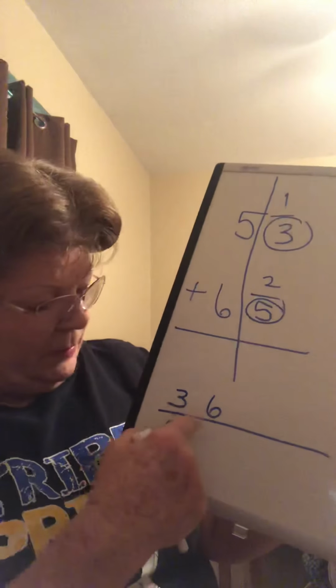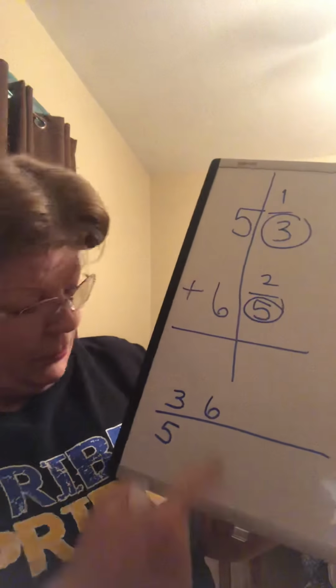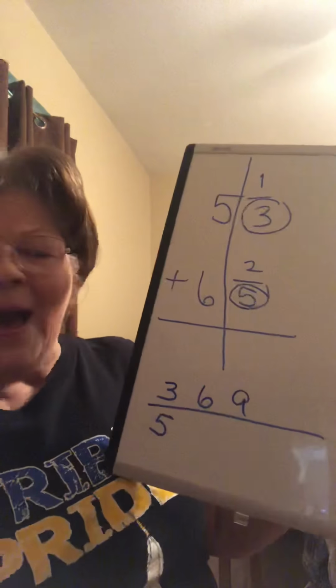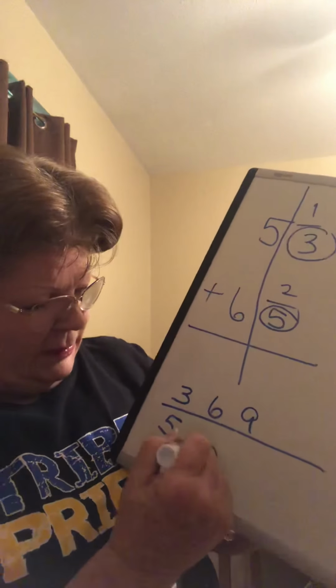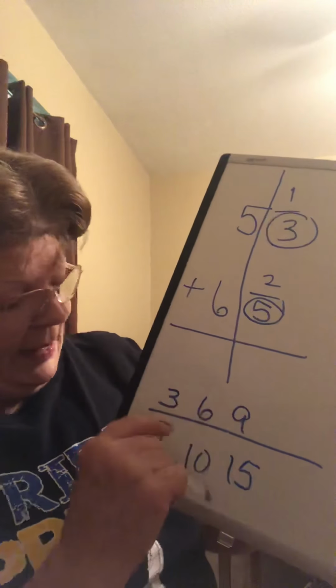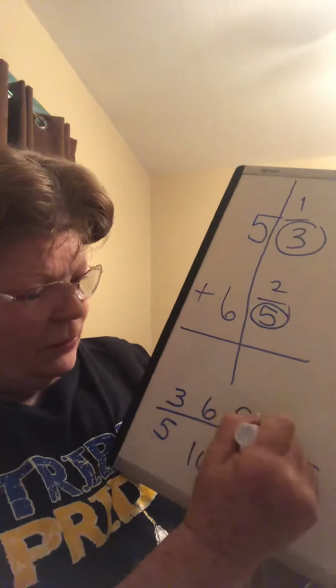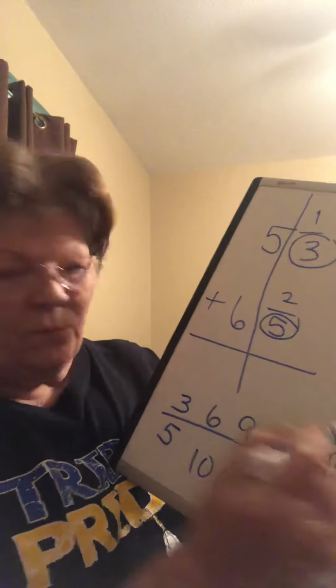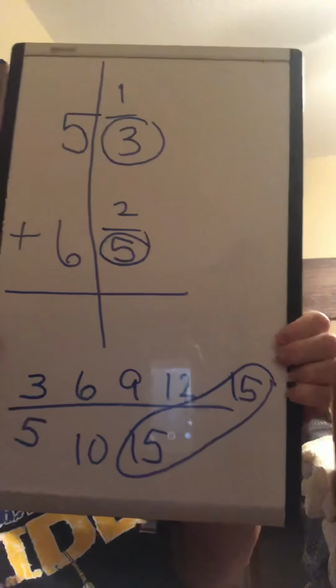We want to kind of get it close to our bottom number. Well, we got this. Let's go 3, 6, 9. Let's work on the 5 for just a minute. 5, 10, still don't have a match. 15, let's back up to here. 3, 6, 9, 12, 15. There it is. Everybody see what it did?